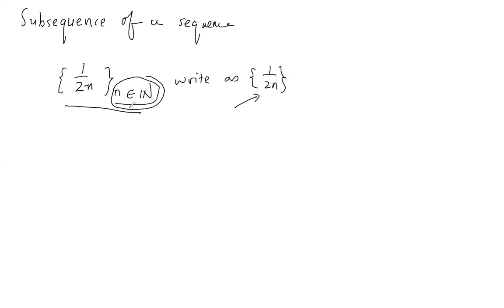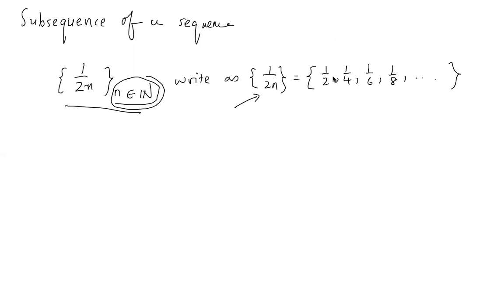Now this sequence will give you 1/2, 1/4, 1/6, 1/8, and so on. So this is basically a sequence of reciprocals of even numbers. If you want to take a subsequence, you can create a subsequence from this sequence by deletion.